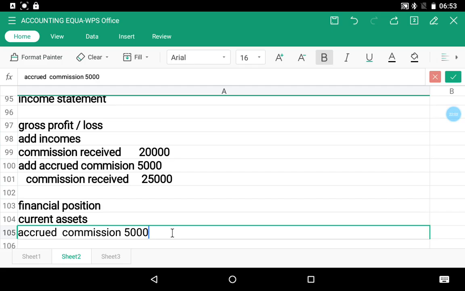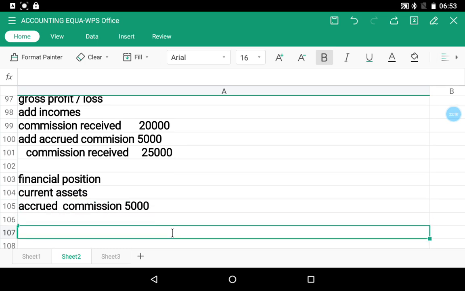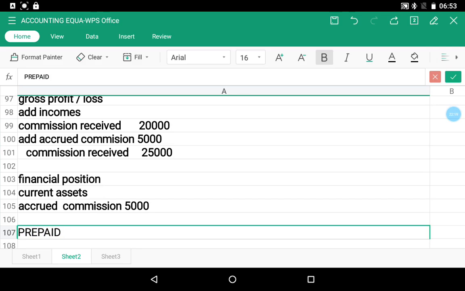Then after accrued income, let us see how you treat prepaid income. If they give you prepaid or outstanding income, how do you treat it? Let us look at it and see how they treat such income.